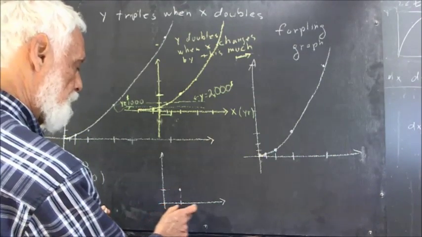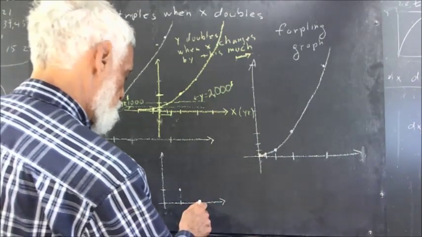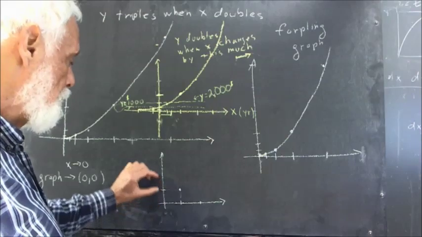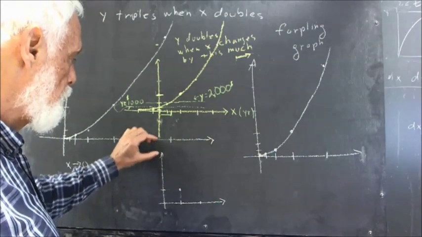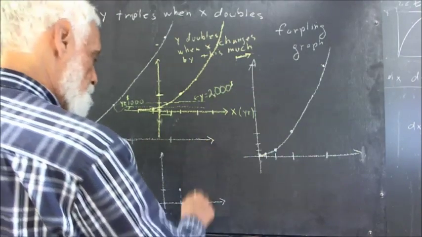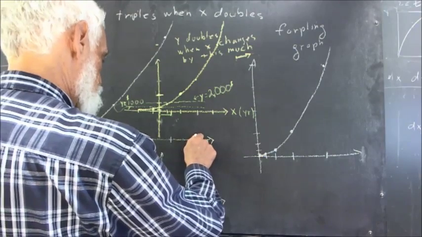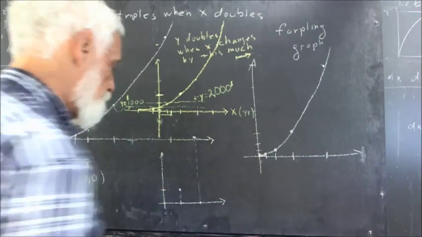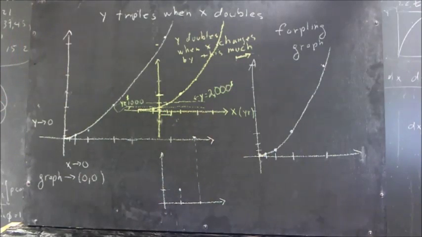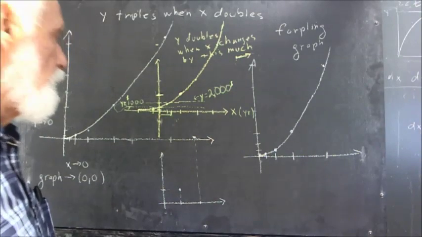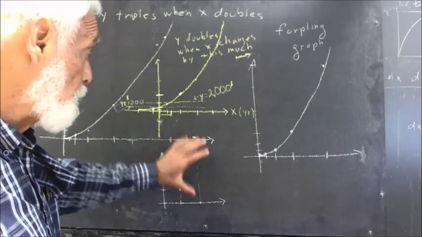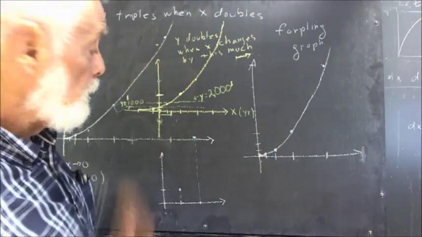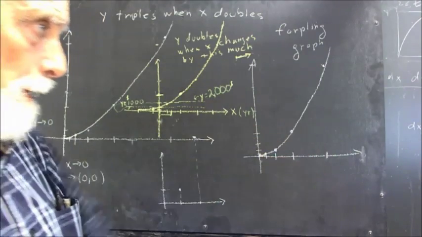If we double this x, that means we come out to about here. And if we forple or quadruple our value of y, well, it ends up about up here someplace. So we get a point, might actually be up in this graph a little bit, but we'll allow that. Now, if we want to quadruple that once more, well, it gets up too high, can't reach it. So I can't go that way anymore.